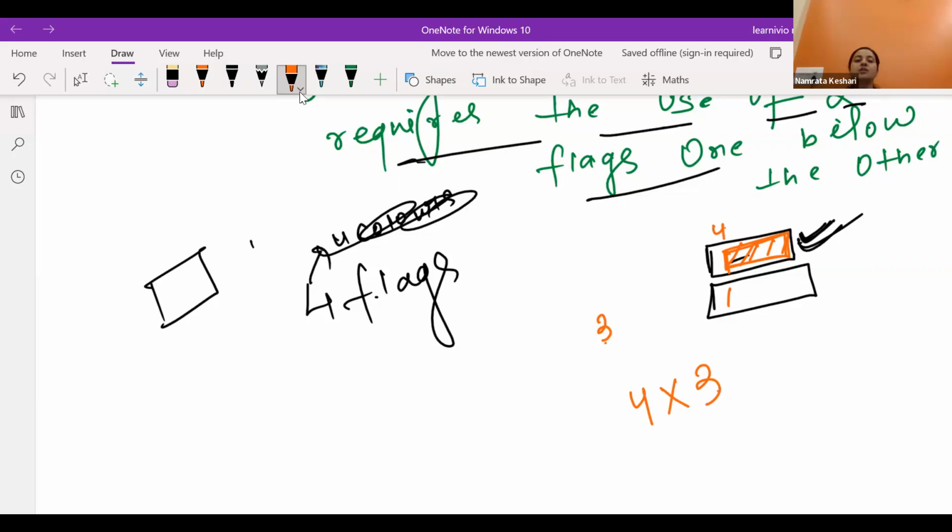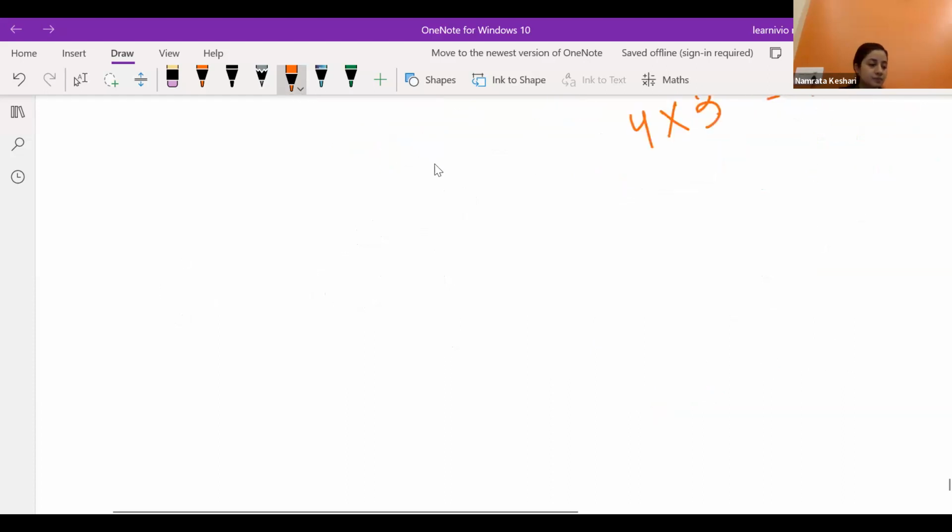So 4 into 3 will be the answer, that is 12. Total number of possibilities will be 12. Are you getting it? Yes, ma'am. Okay, let's do the next one.